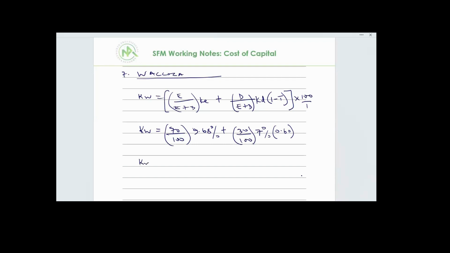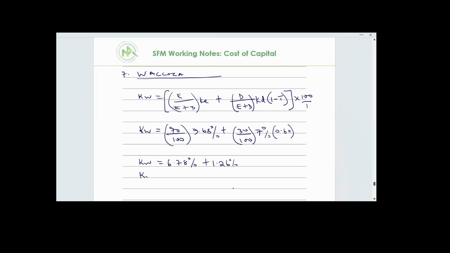So Kw, from my calculator, 9.68 multiplied by 0.7 equals 6.78%, plus 0.3 multiplied by 7 multiplied by 0.6 equals 1.26.